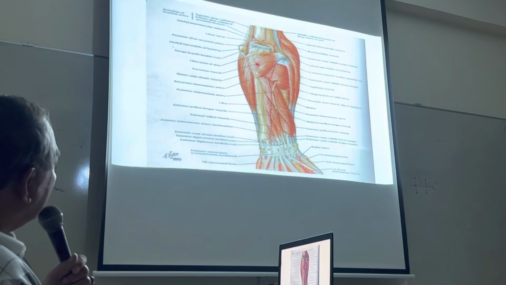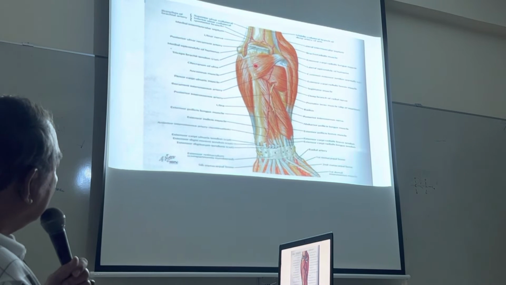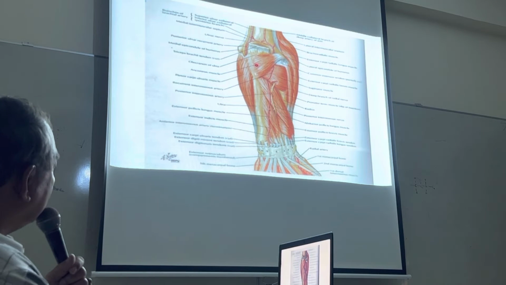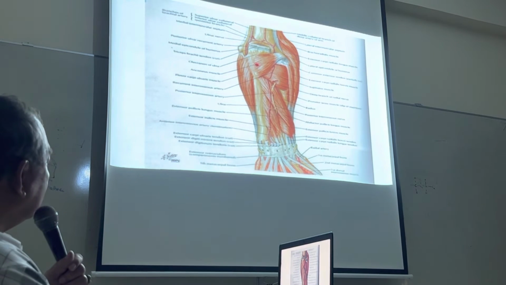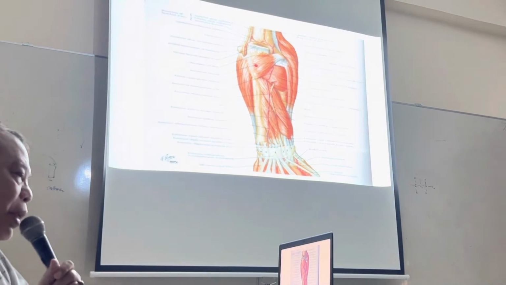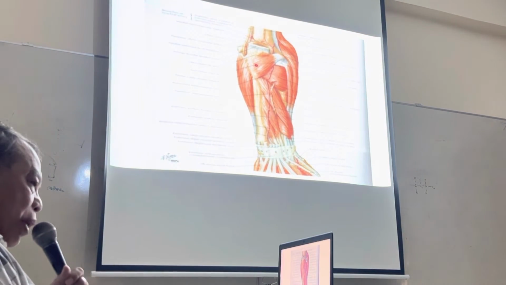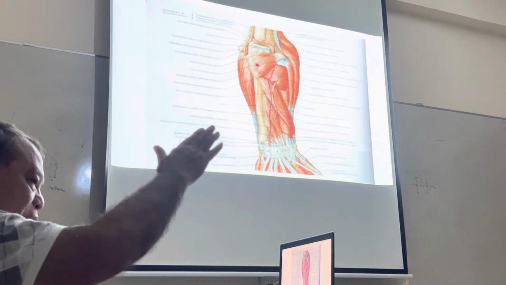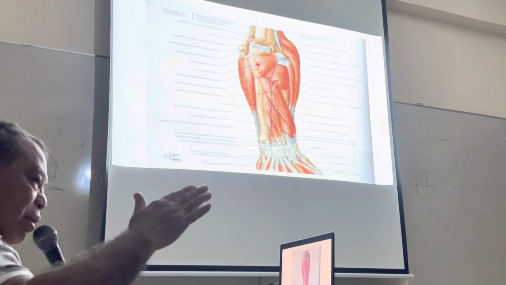Now, with regard to nerve supply, all these muscles are supplied by the radial nerve. Take note that the radial nerve, in the region of the arm, will be located in the middle of the humerus. What do you call that?